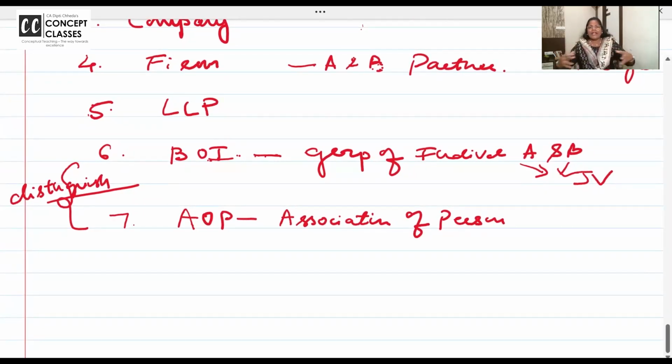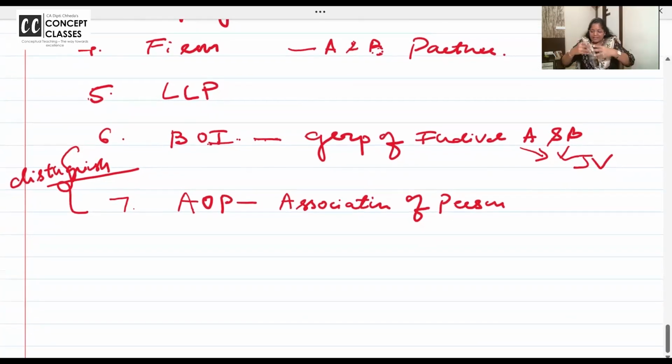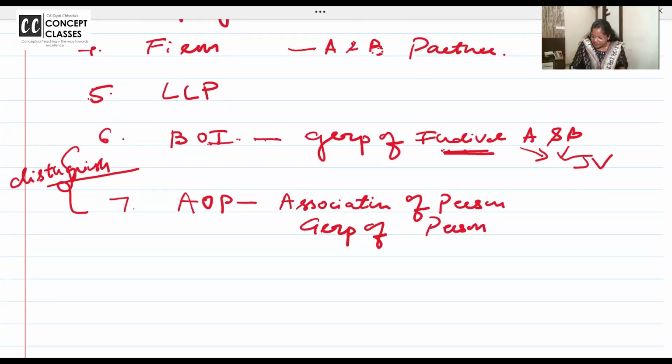BOI is a group of people coming together, but they are not partners. There's no LLP. It's like a joint venture. They come together, earn income, pay the tax and bye-bye. AOP is also a group, but this is a group of persons.